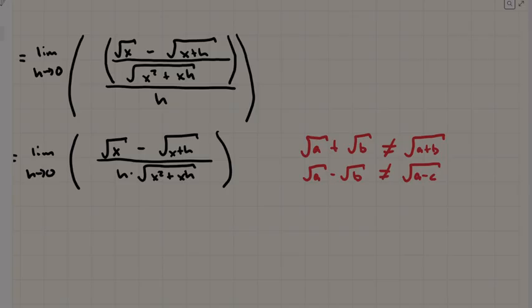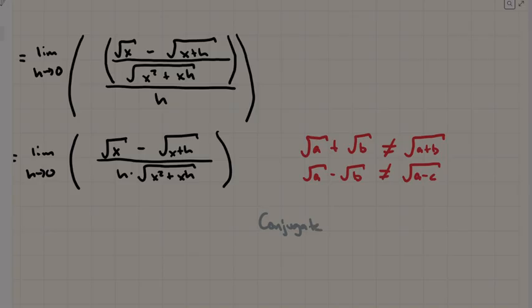But what we can do, a lot of times in algebra, if there are two numbers that you're subtracting and you don't know how to deal with them, what you can introduce is called the conjugate.